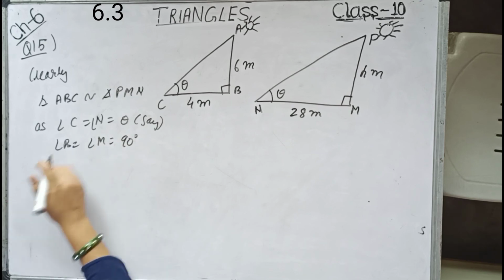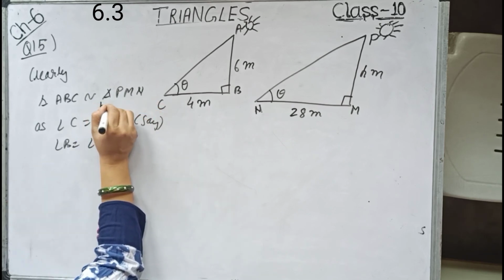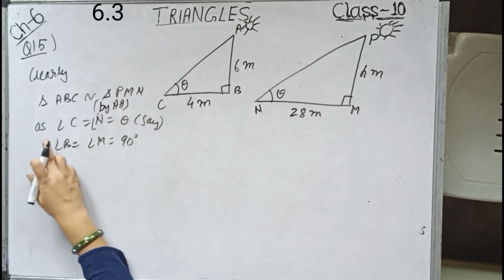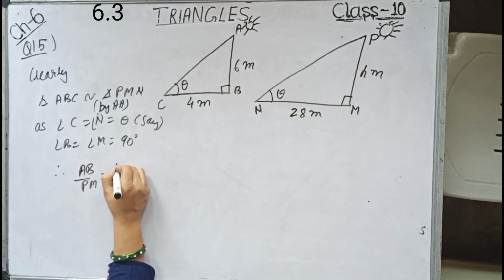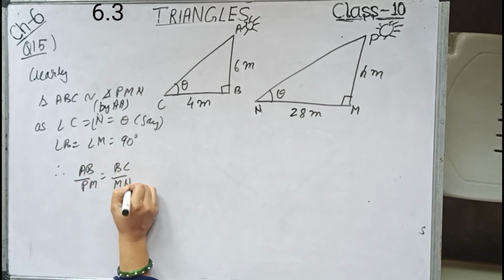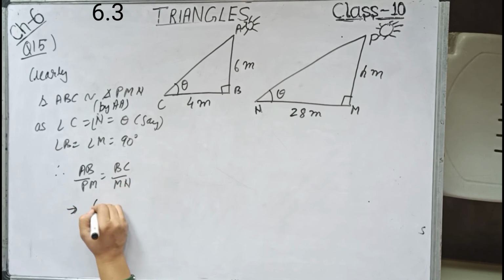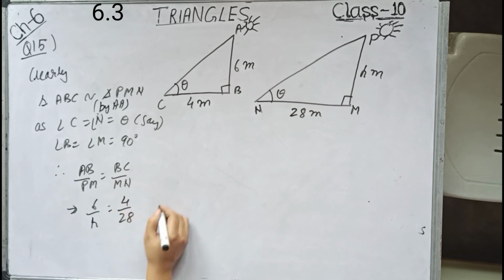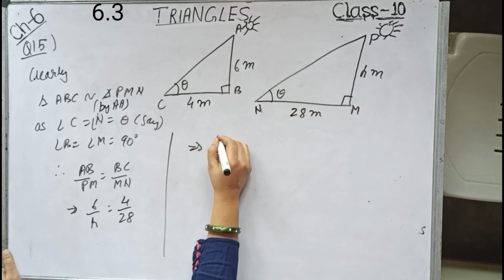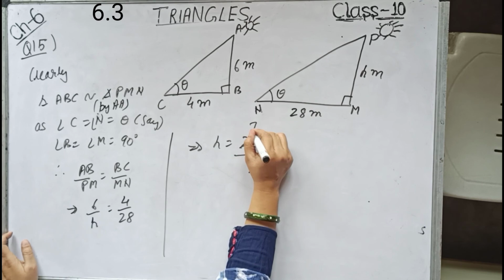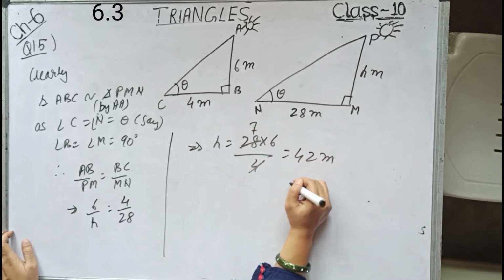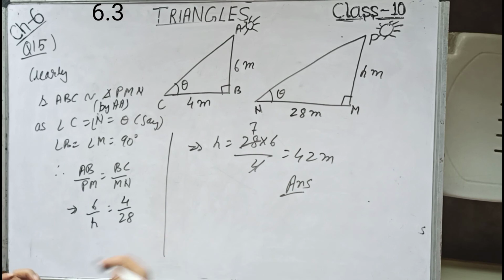Therefore, here we will write by double A. Therefore, AB by PM equals BC by MN. This implies 6 by H equals 4 by 28. This implies H equals 28 into 6 by 4 equals 42 meter, and this is the answer. So one last question of this exercise. Let us do that.